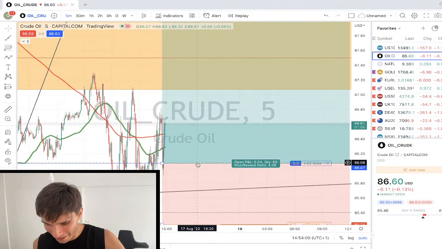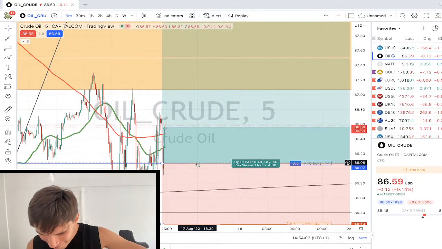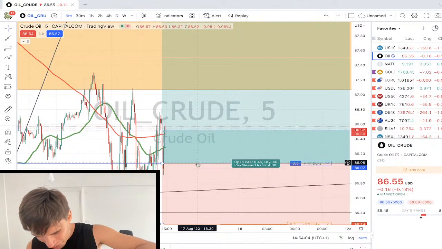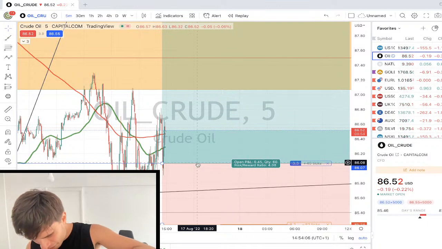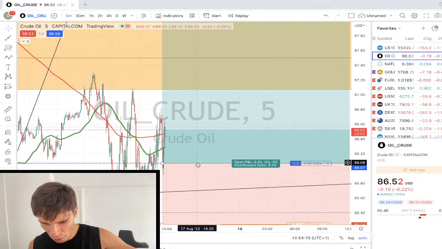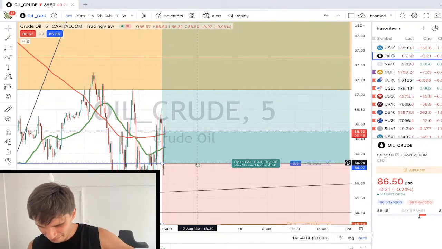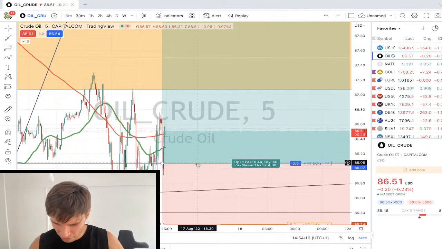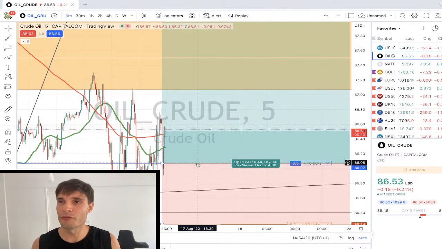Yeah, man, that risk reward ratio, dude, it's so good. And it's so important to know that. If you look at ordinary, typical traders, they don't really work with risk reward ratios.